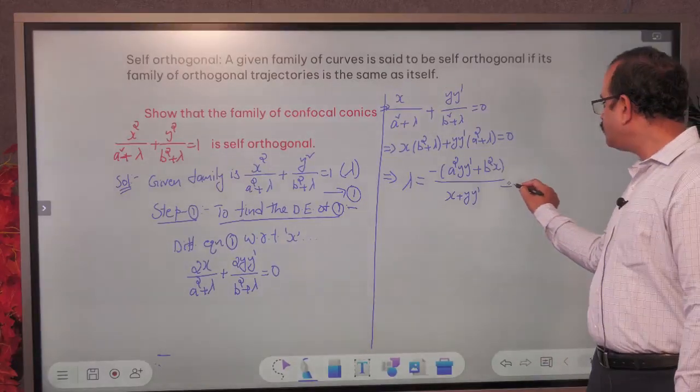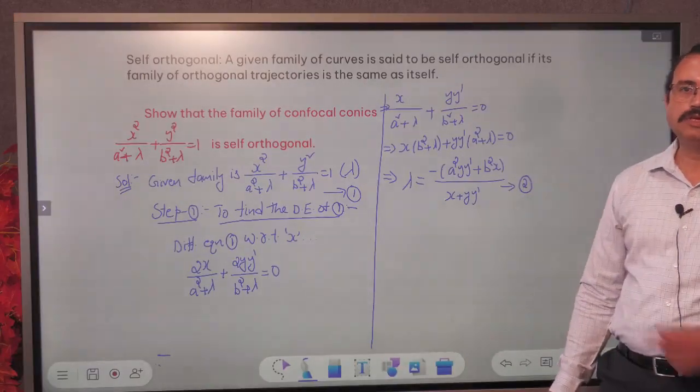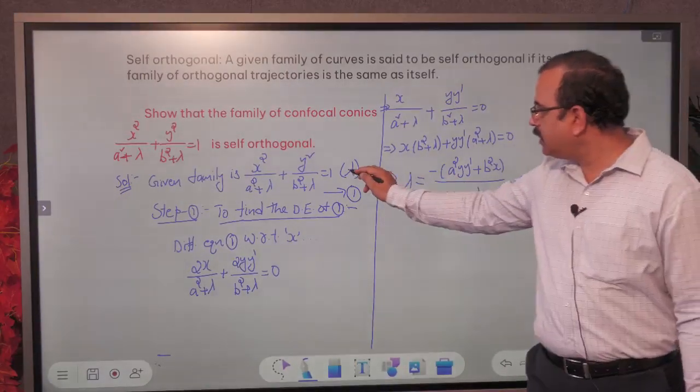Now what we have to do is eliminate lambda from equation 1. So we substitute the value of lambda in equation 1.